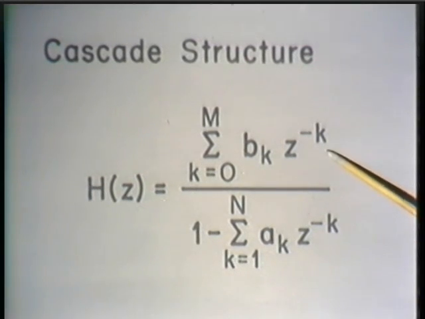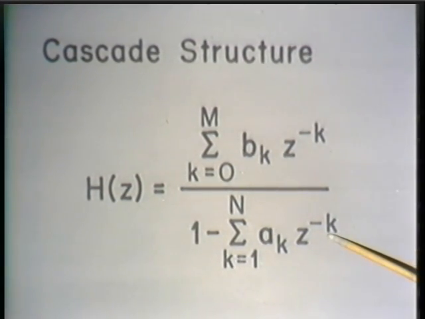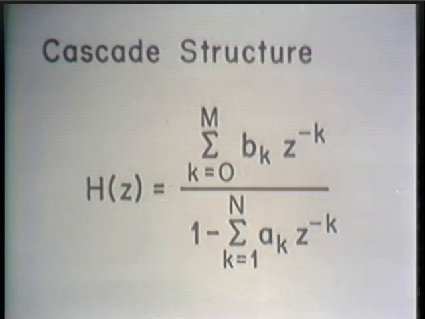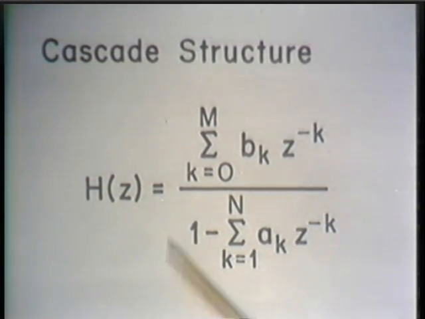In general, of course, these factors will be complex, and these factors will be complex. We can combine together the complex conjugate zero pairs and the complex conjugate pole pairs so that, in fact, as a general cascade form, it's often convenient to think of a factorization of each of these polynomials into second-order polynomials rather than first-order polynomials.